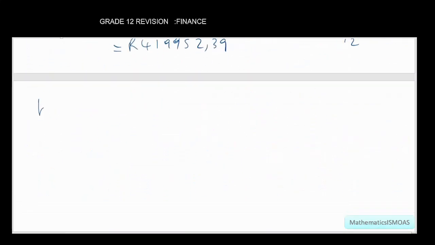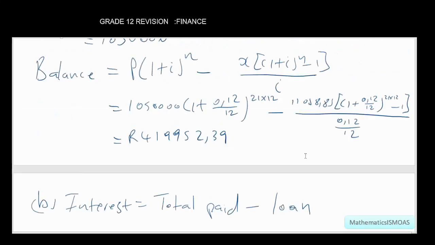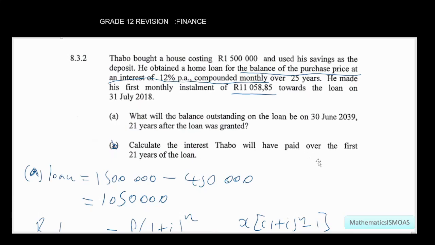So B, our interest will be equal to the total amount paid minus the loan. But we want the interest that Thabo will have paid over the first 21 years.